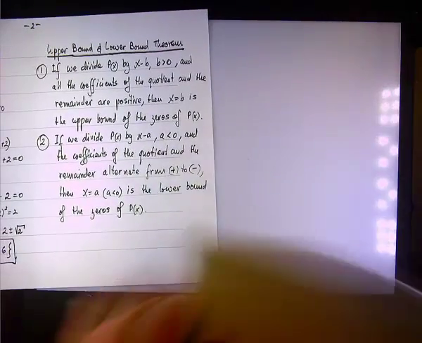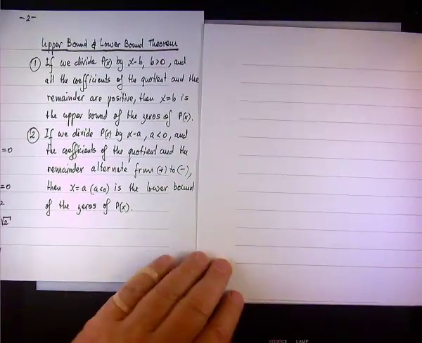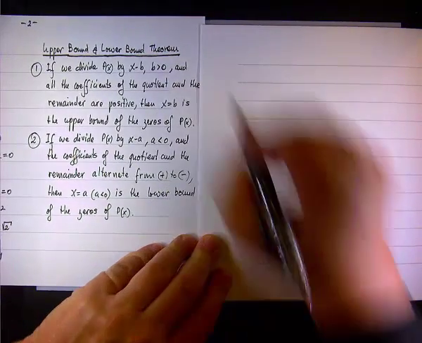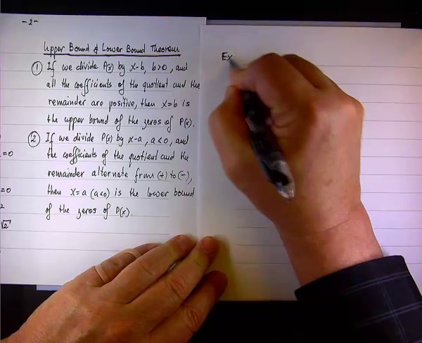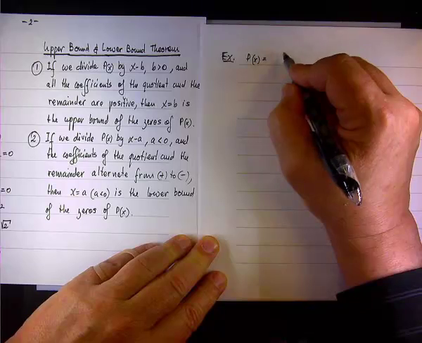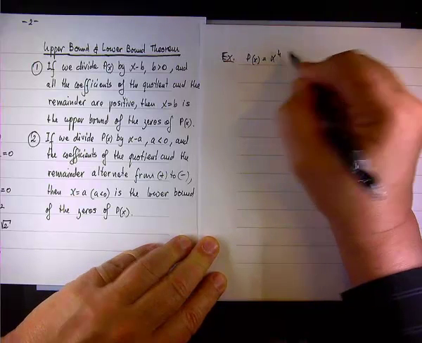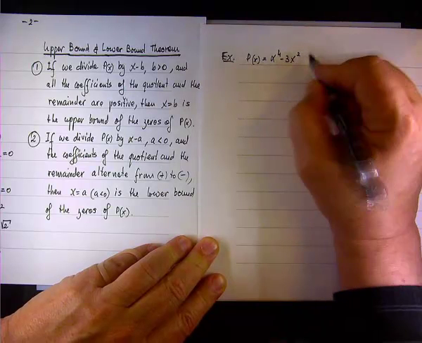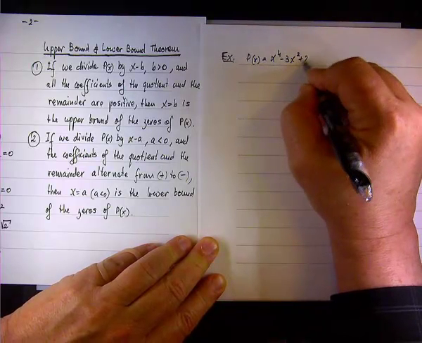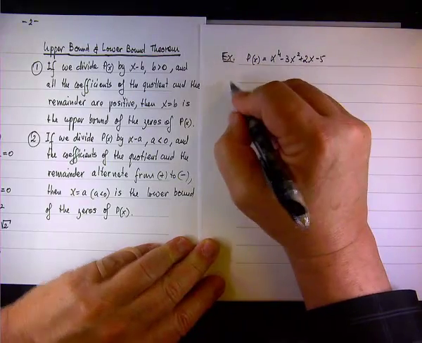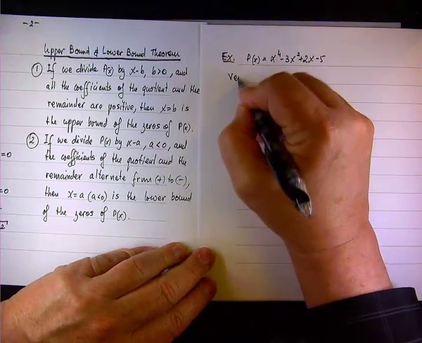on the next page. And I think this will be the last thing I'll do in this section. So here's the example, an unnumbered example. What's given to us is the following polynomial: p of x equals x to the fourth minus 3x squared plus 2x minus 5. Okay?